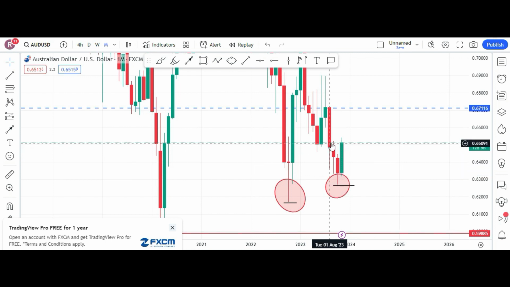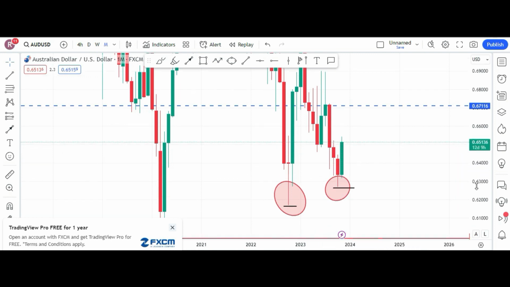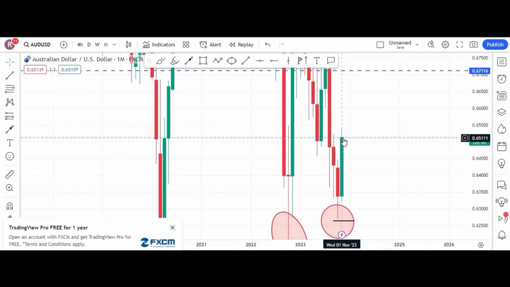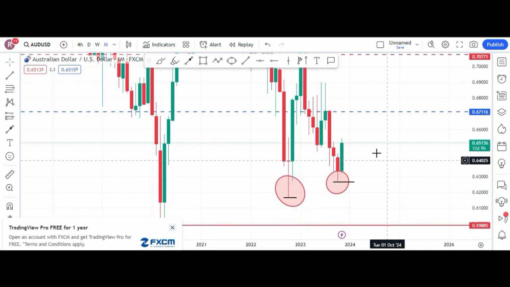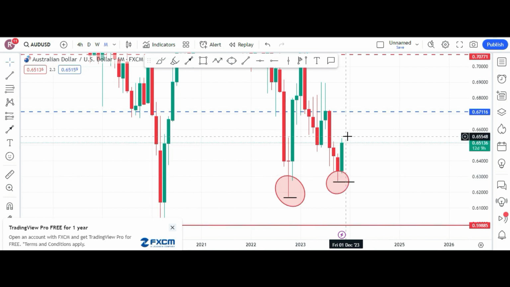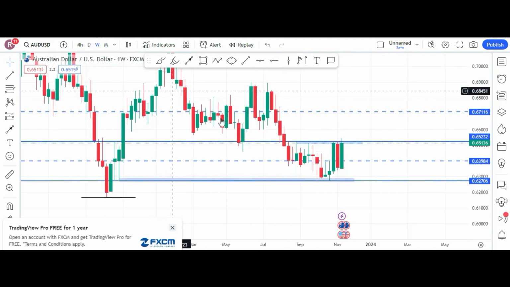This is the candle. So once this body goes beyond this mark, then we can say yes, it's a very powerful bullish candlestick on monthly by the 30th November. Let's get back to weekly now.